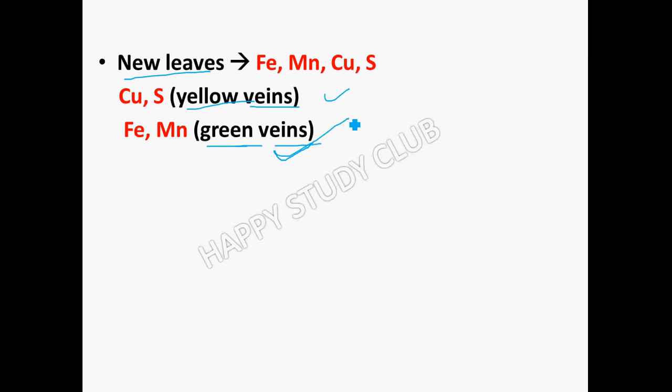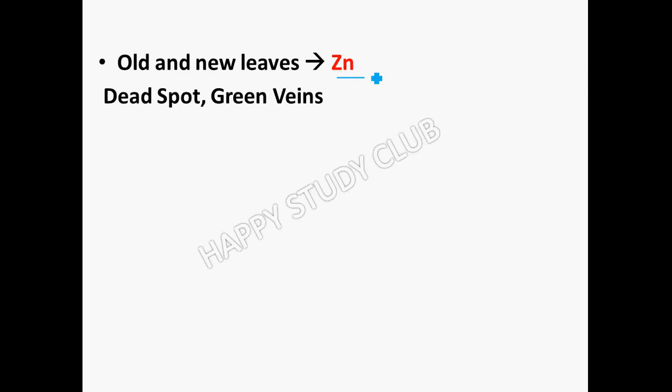In iron, it tends toward white, and in manganese it does not tend toward white. Zinc affects both old and new leaves. Dead spots can be seen as a symptom in zinc deficient plants, and veins remain green.